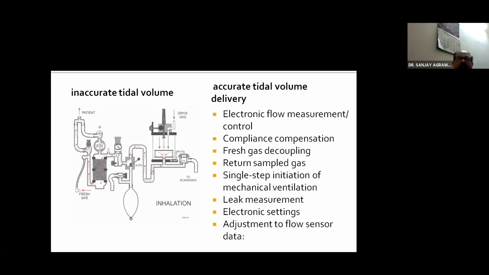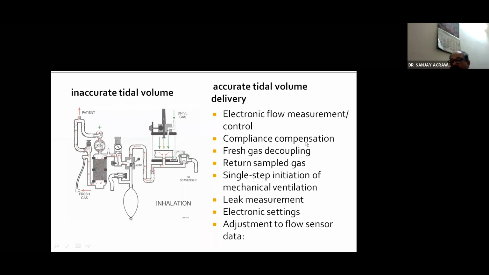In the initial period, whenever we were using low flows, there was always a problem where the tidal volume being delivered was not accurate. Suppose we set up something, what was delivered may be either low or higher. This was a problem in older machines. But with the workstation, there is accurate tidal volume delivery, controlled by electronic flow measurement or control.